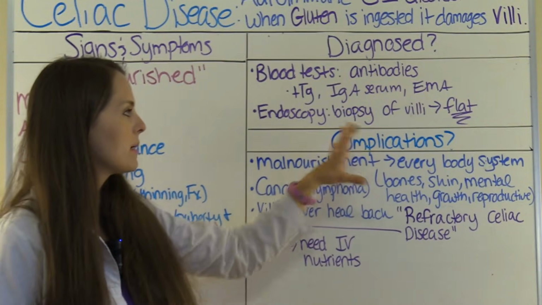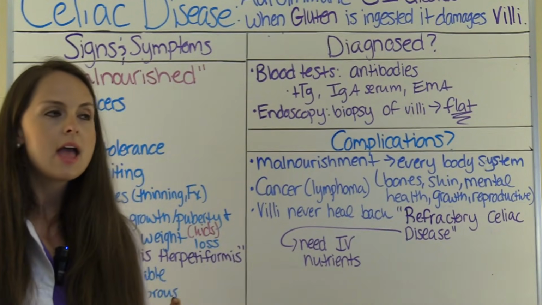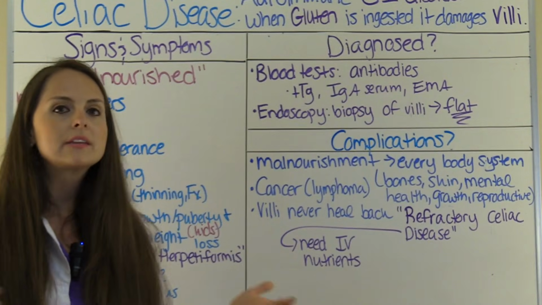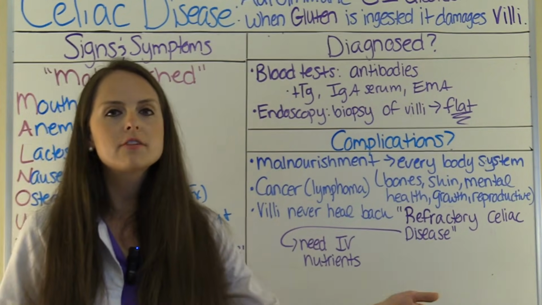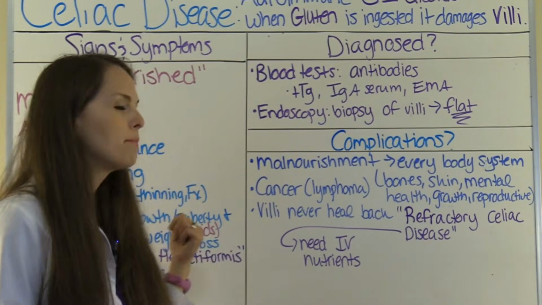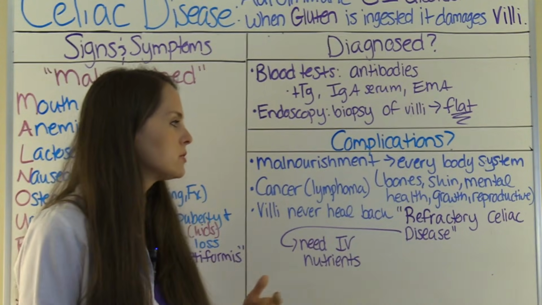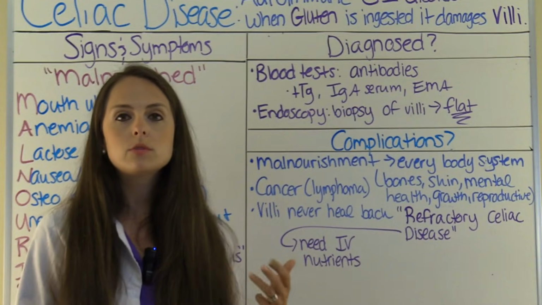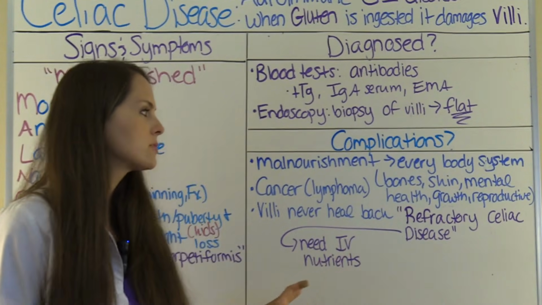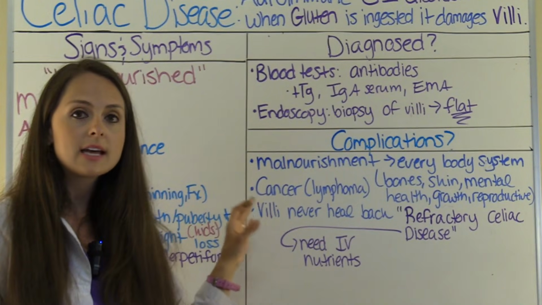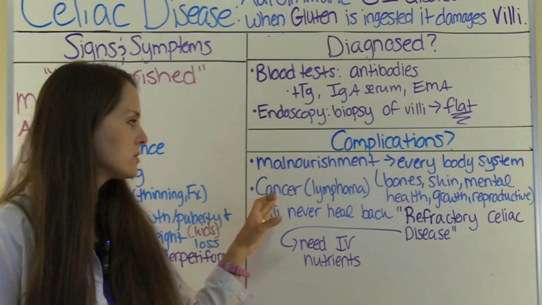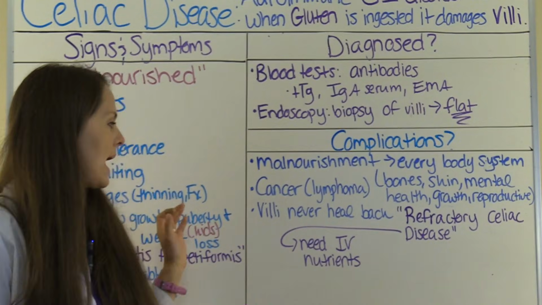Okay, now let's talk about the complications. With celiac, we know the big thing they're going to have is malnourishment, and this is going to affect every body system. We're going to have bone problems, skin problems, mental problems, growth problems, and reproductive problems. Everything's going to be affected. Also, another complication is that the patient has an increased risk of cancer like lymphoma.